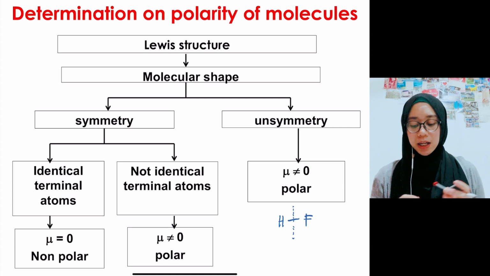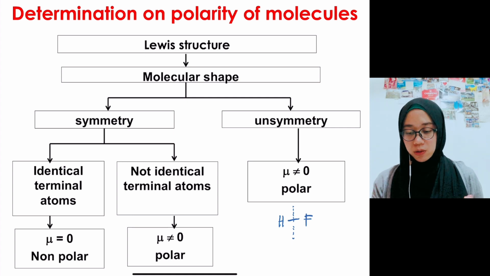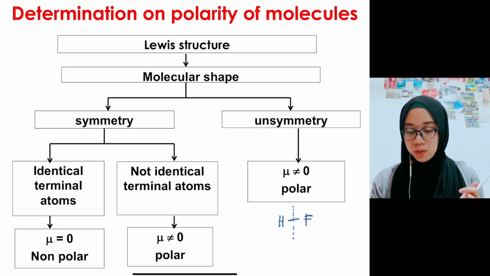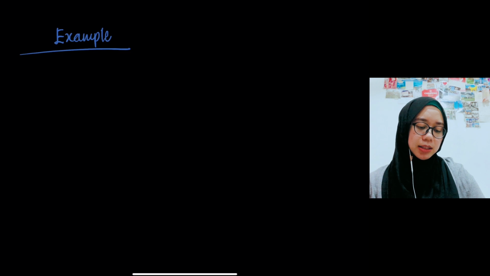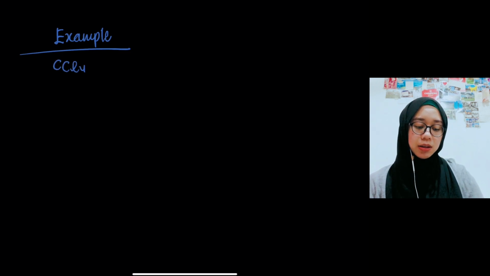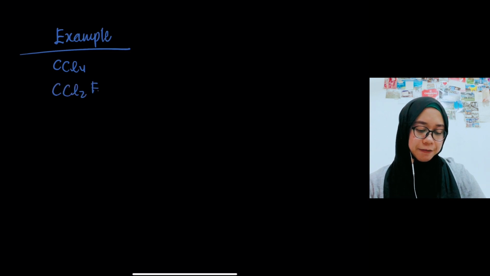Okay, so kita tengok sekarang ni contoh, let's say Miss bagi kat kamu. Let's say kita ada CCl4, dengan CCl2F2.